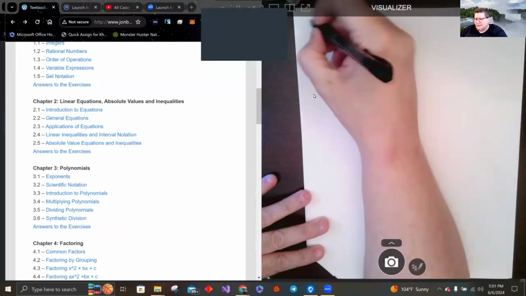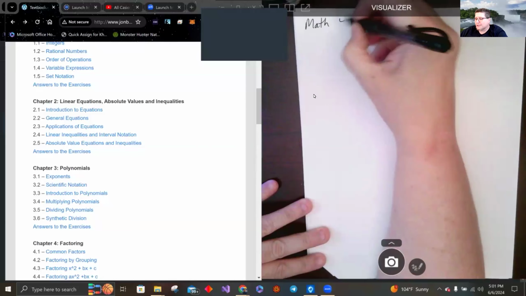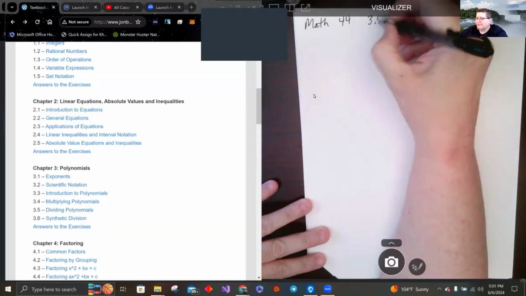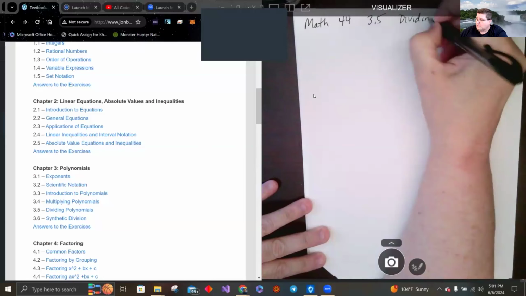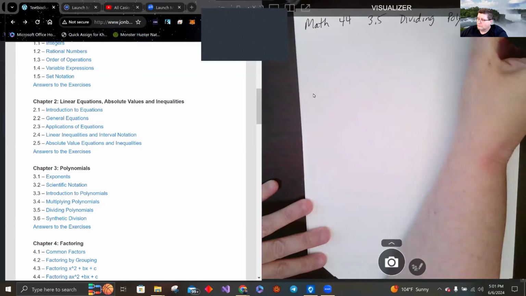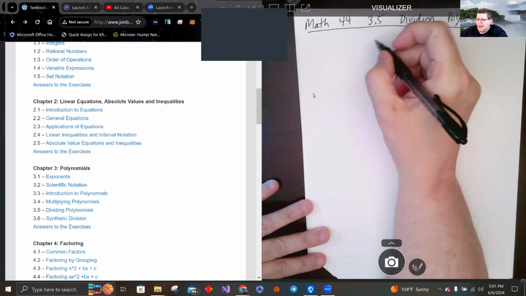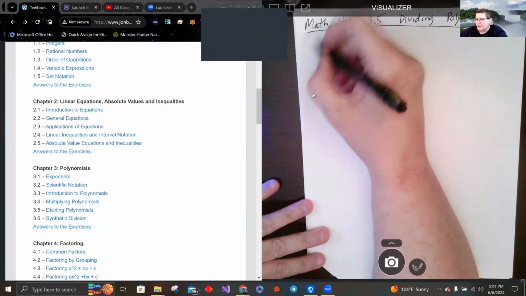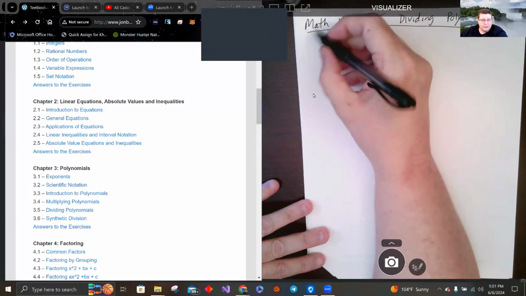In this section, we are going to do division, or dividing polynomials. This is 3.5, dividing polynomials. And the easiest one is doing a monomial dividing by a monomial.